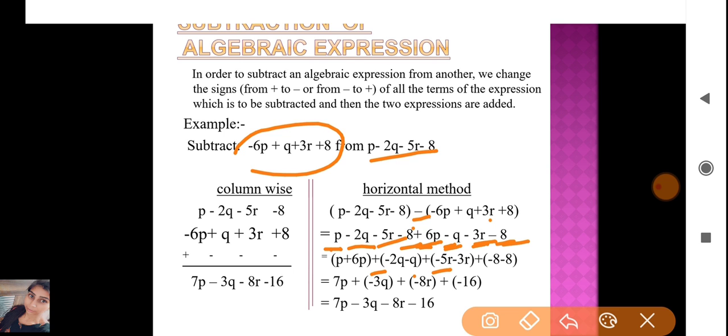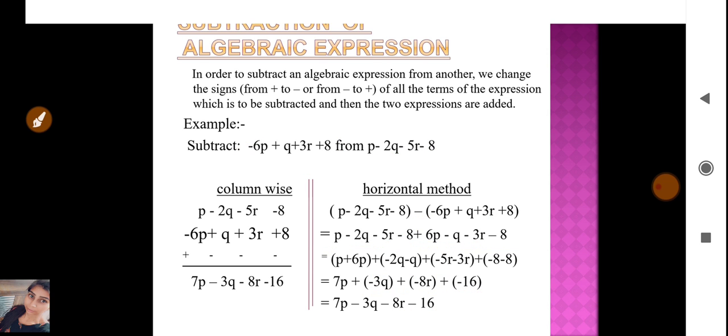So P plus 6P is 7P, minus 2Q and minus Q is minus 3Q, minus 5R minus 3R is minus 8R, minus 8 minus 8 is minus 16. So 7P minus 3Q minus 8R minus 16. Now we are done with the addition and subtraction part also.